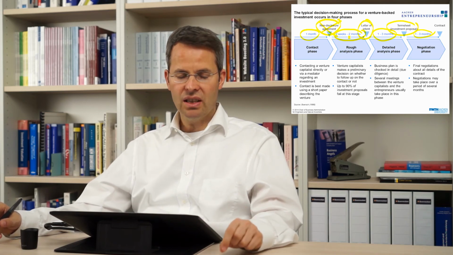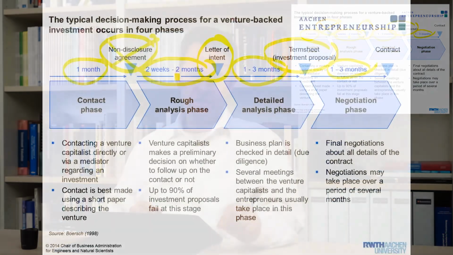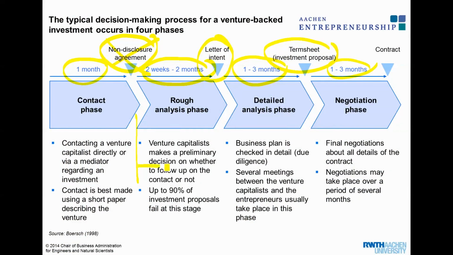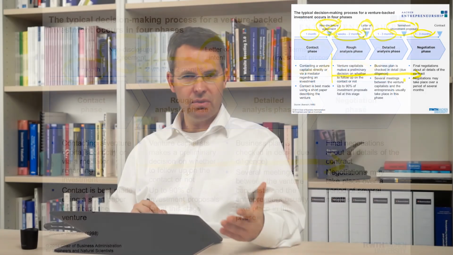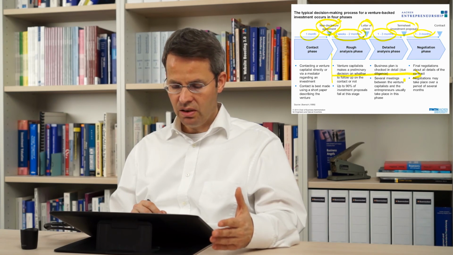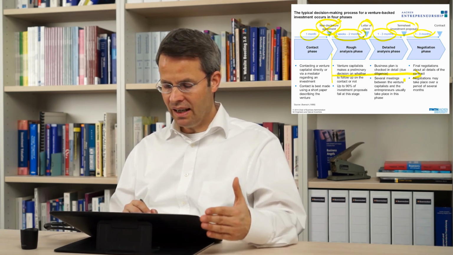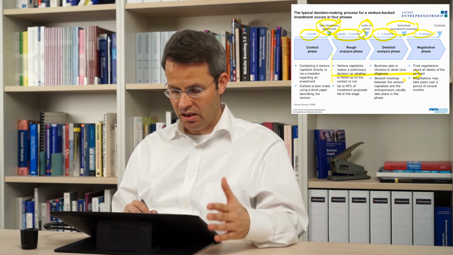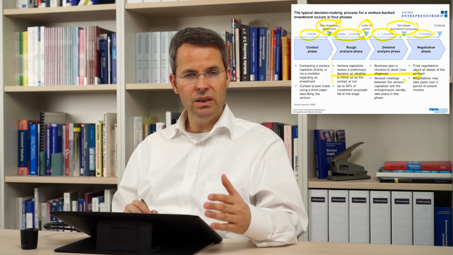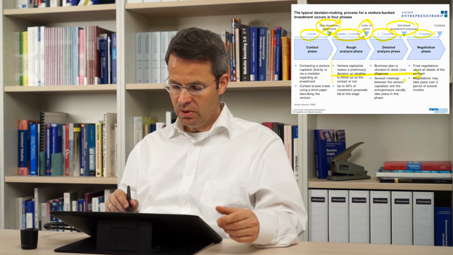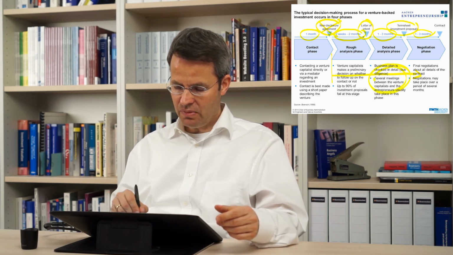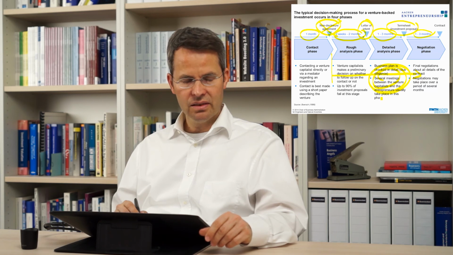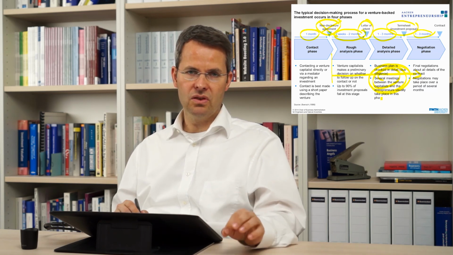Actually, some venture capitalists also love to have exclusivity when they go into that process here. It's always a question whether you as the entrepreneur want to do that. Venture capitalists will always argue with you, if I spend time on that, I want to make the deal, or at least I want to be the one who can decide on making the deal or not. So I need to be the one, especially when I spend a lot of time here for the due diligence, I want to be the one who has the first choice.